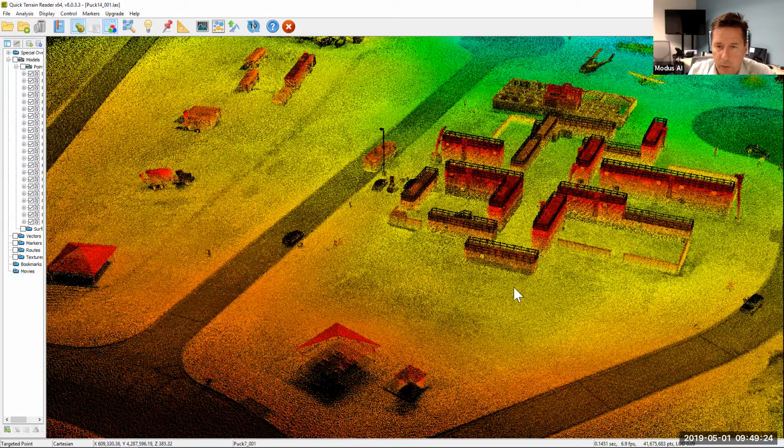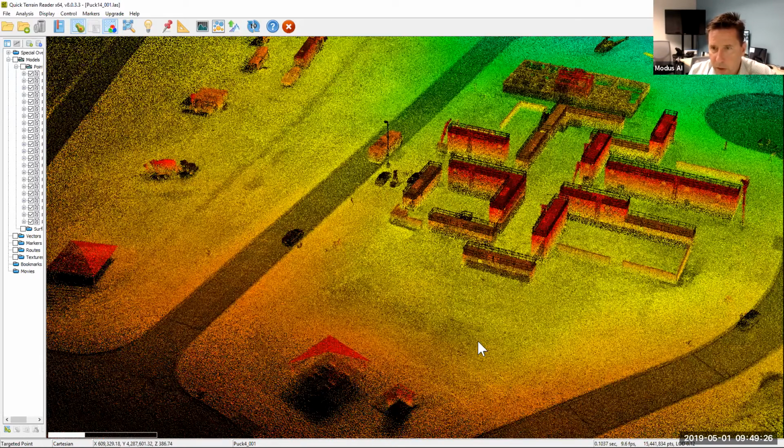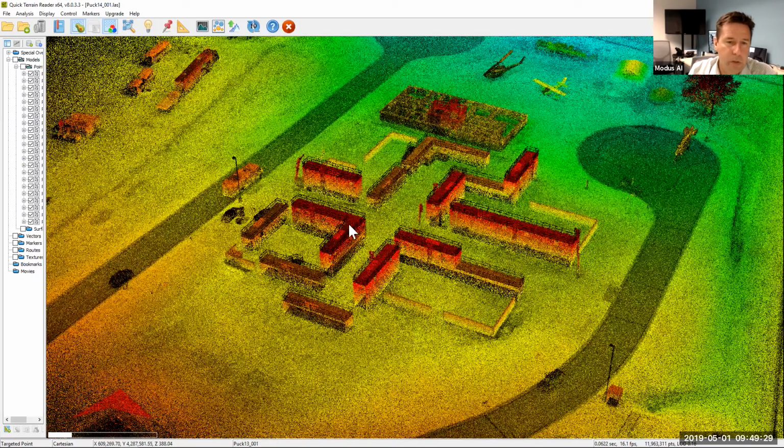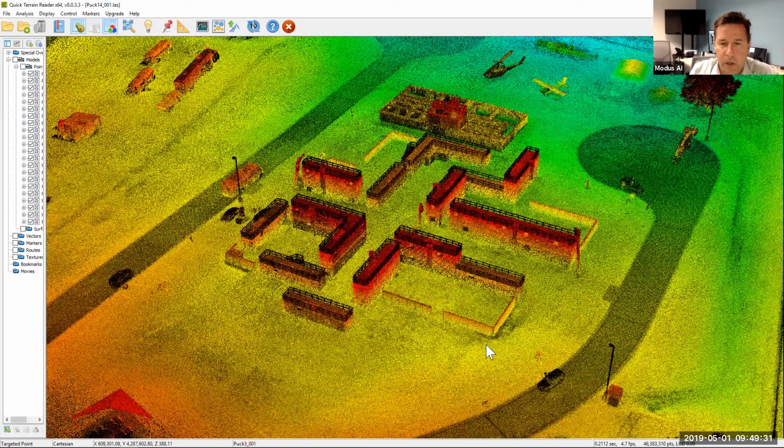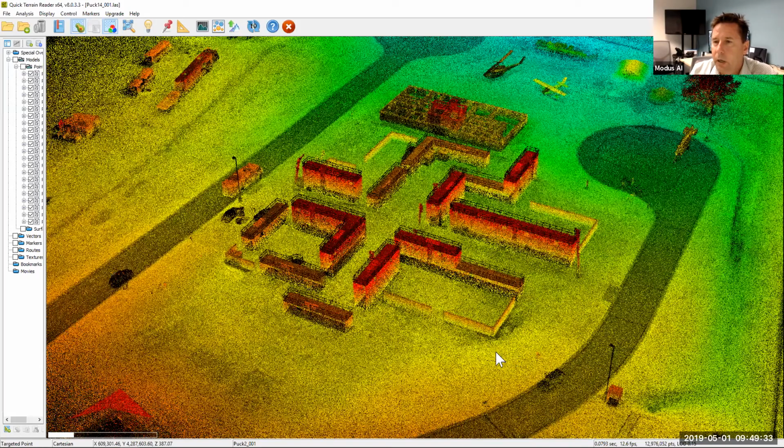What we didn't show you here is we also did aerial photography, and we draped all this so that we have the color resolution, but I'll talk about that here in a few minutes.